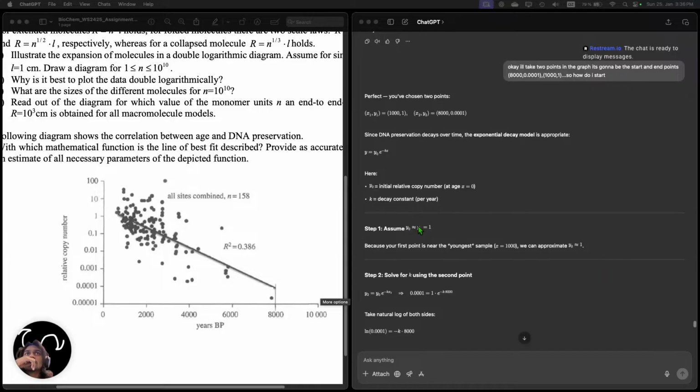Decay constant per year. Assume y0 equals 1, because your first point is near the youngest sample. Uh, a bit. When n equals 1, I think y0 should be somewhere around here, right? It's not 10, but it should be between 1 and 10.